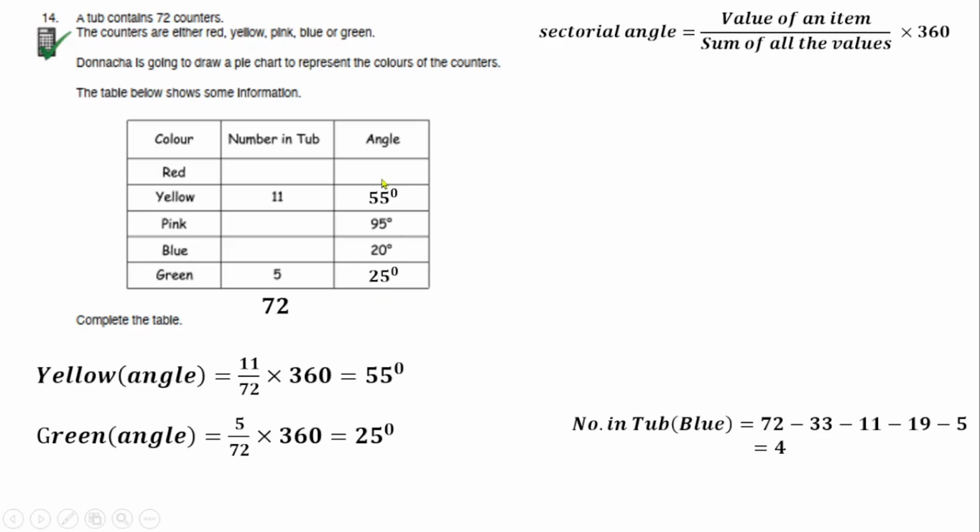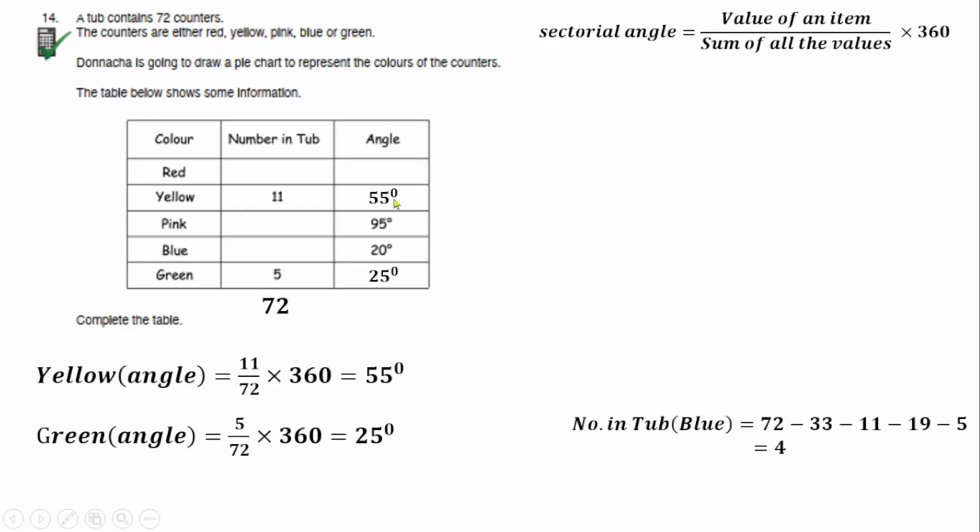Now that we know all the angles apart from red, we know that the sum of the angles is supposed to add up to 360 degrees. So we can use that to find the sectorial angle for red. We don't need to use the formula again. We have already generated all the angles, and the only one that's left is red.